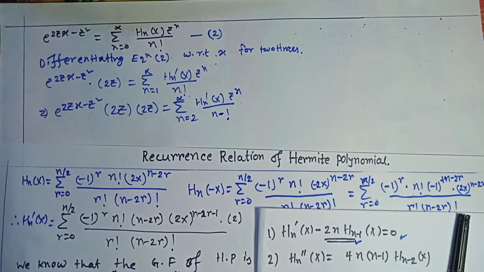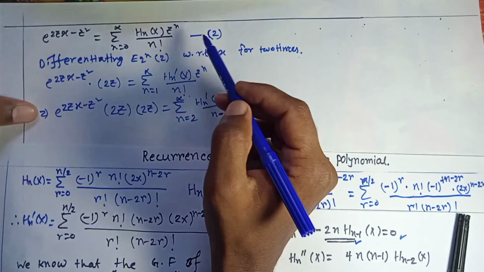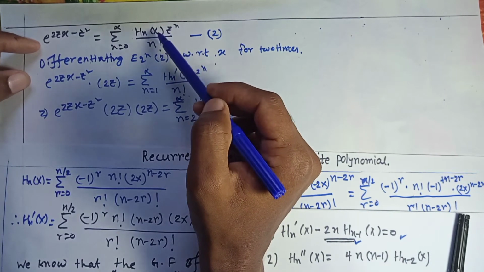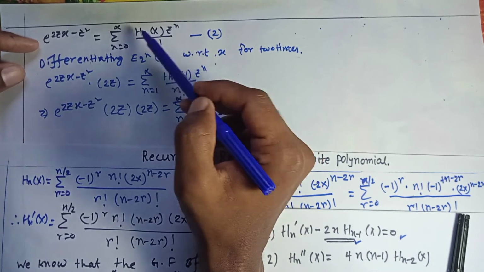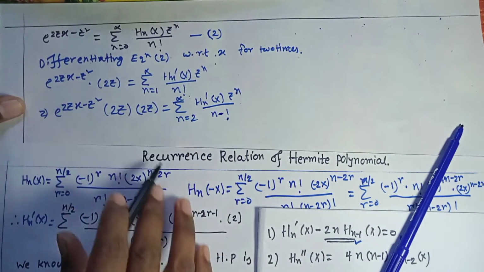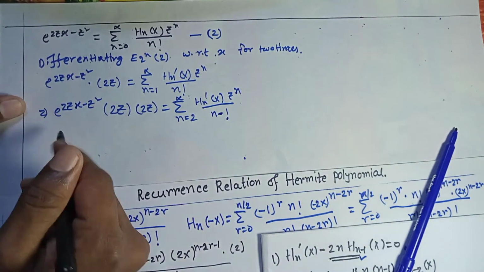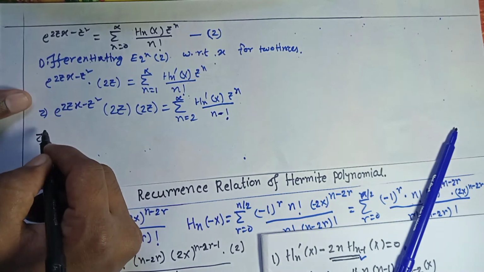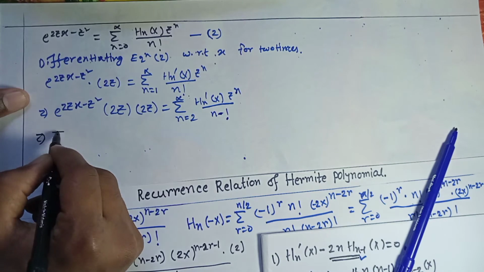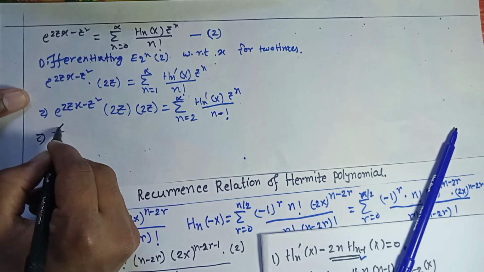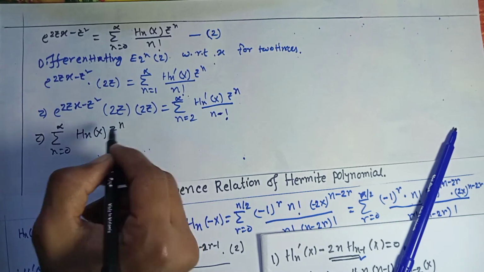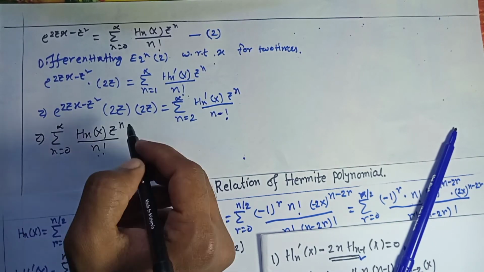Then we see that e to the power 2zx minus z squared is equal to summation n equals 0 to infinity Sn of x z to the power n divided by factorial n.